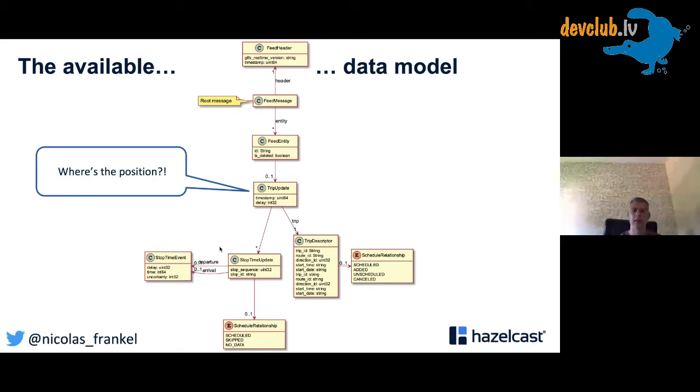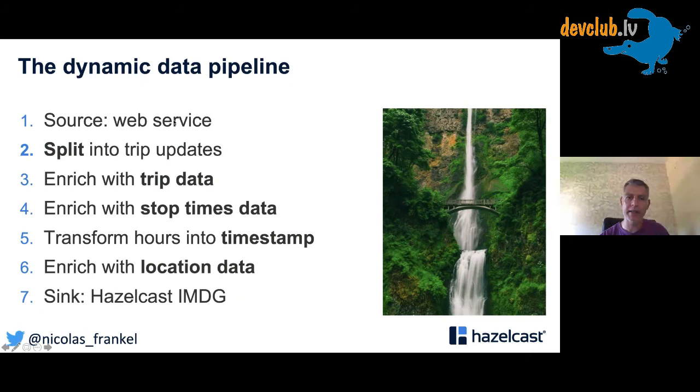And guess what? That's very cool, because that means you need to do computation, and it's a very good use case for stream processing. So here is my dynamic data pipeline, my stream processing pipeline. I will read the data from the web service because I have here one single big message.